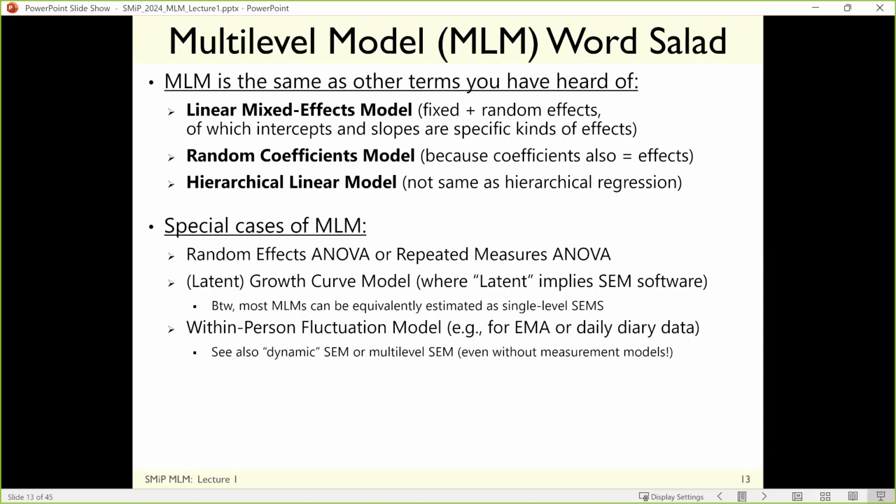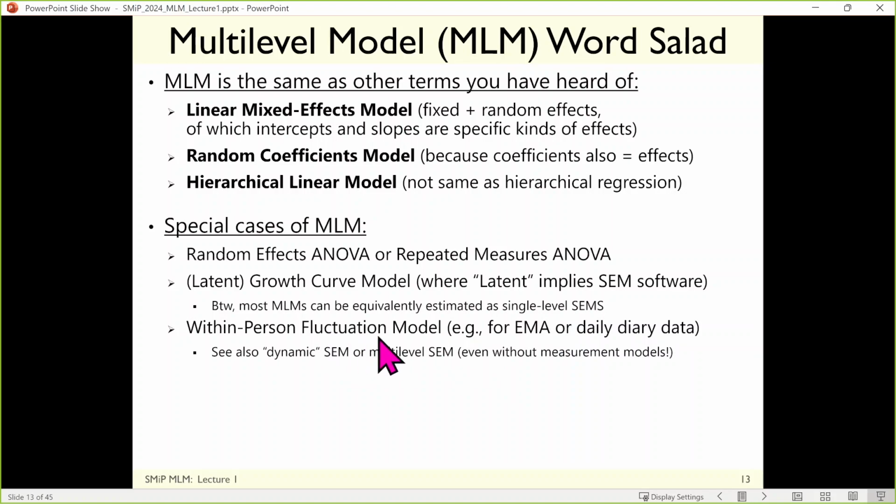And that doesn't mean anything other than the fact that you estimated it using structural equation modeling software instead of mixed effects modeling software. If you want to actually look at change in a latent variable, that's not called this. That's called a second order growth model or hierarchical factors growth model. And there is a connection to the world of SEM that I'm happy to give you resources on if you're interested in that. I've covered that in other places.